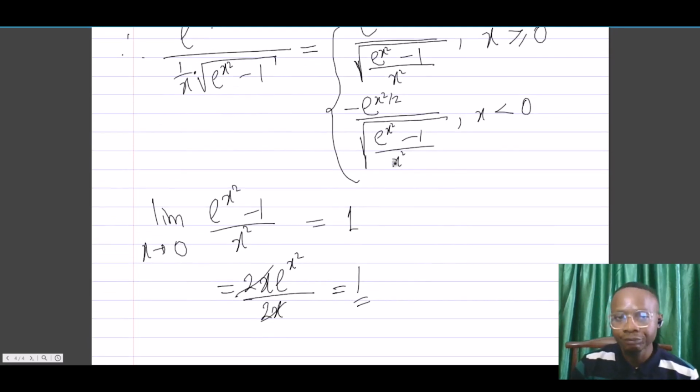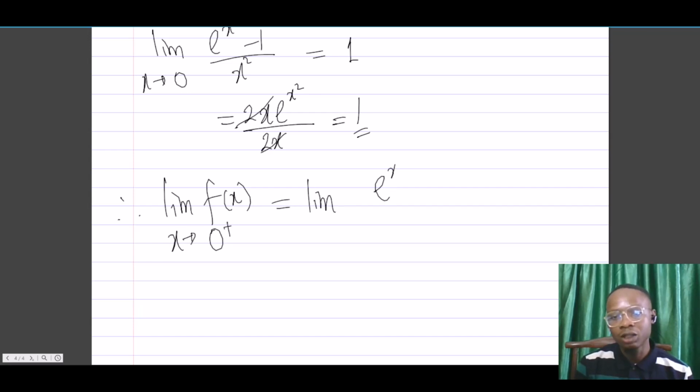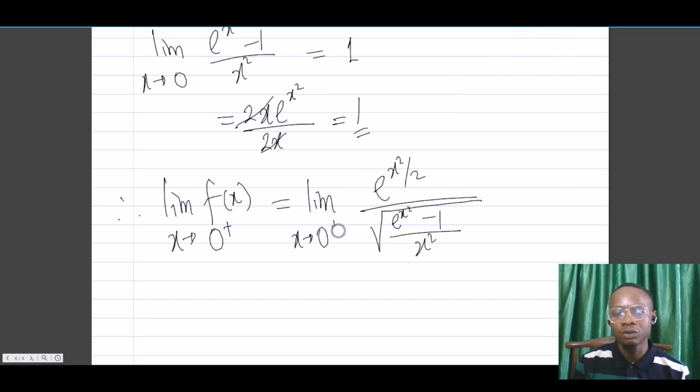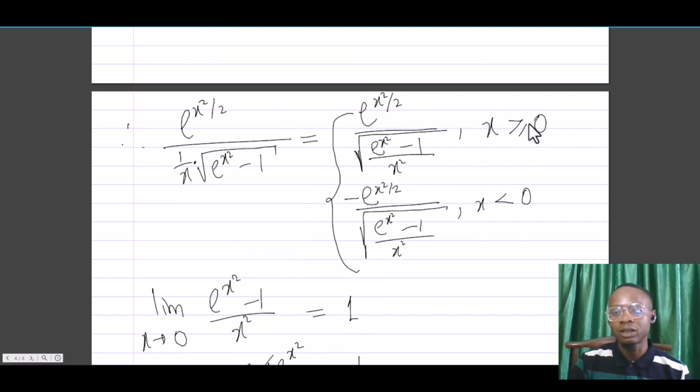So then we can say that the limit of our given function f of x as x approaches 0 from above will be equal to the limit of e to the power x squared over 2 divided by the root of e to the power x squared minus 1 over x squared, as x approaches 0 from above, because we know that that is our function when x is slightly above 0.